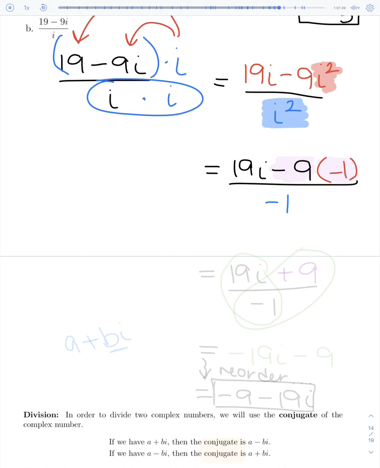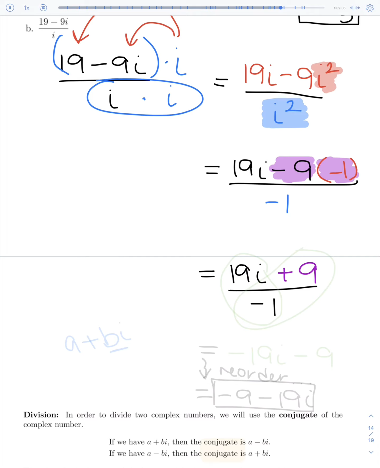So let's see how that will help us. Now we've got the 19i on top, and be careful, now we have on top a negative 9 times a negative 1, which will give us a positive 9. And then this whole thing has a negative 1 on the bottom.